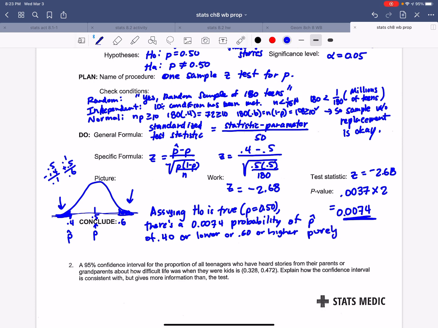That's essentially what we're saying, using probability. So that's essentially what our p-value means.